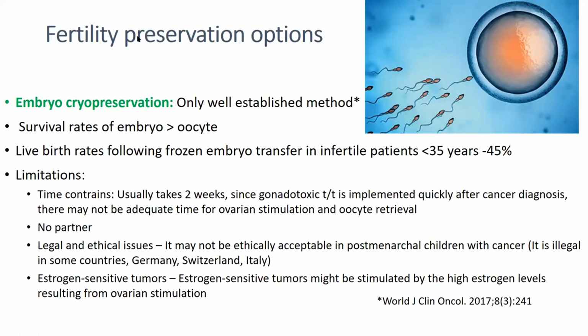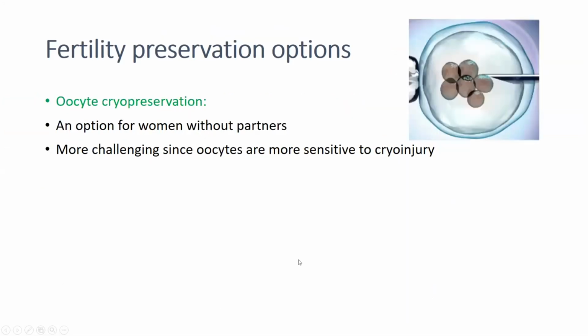Then absence of a partner, like in young children. Then there are some legal and ethical issues in small children, and it is illegal in some countries like Germany and Switzerland. And there are some estrogen sensitive tumors which might get stimulated with a high estrogen level, which is given at the time of ovarian stimulation.